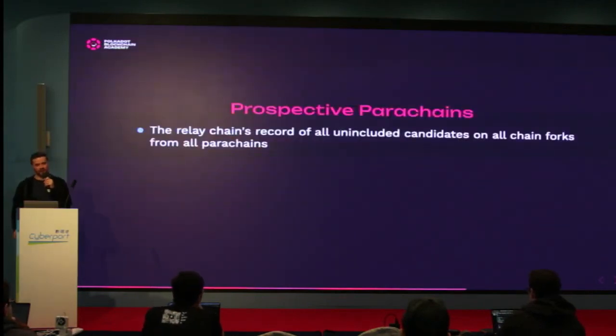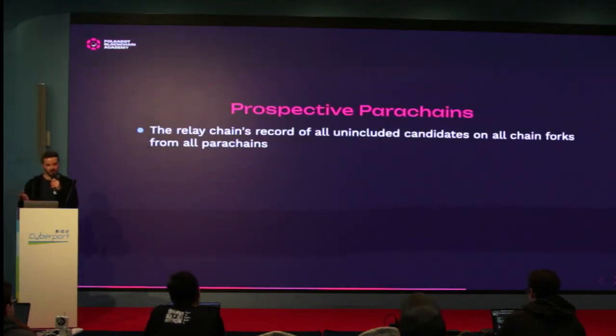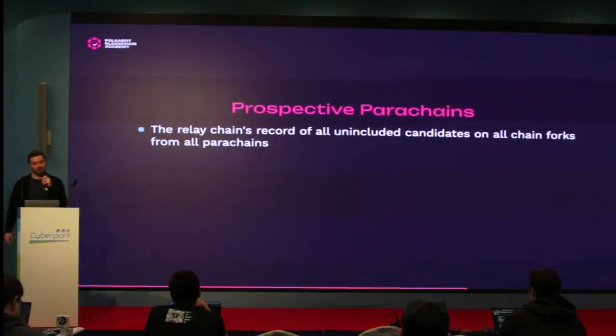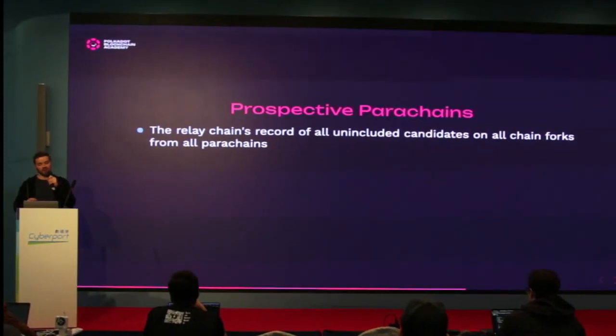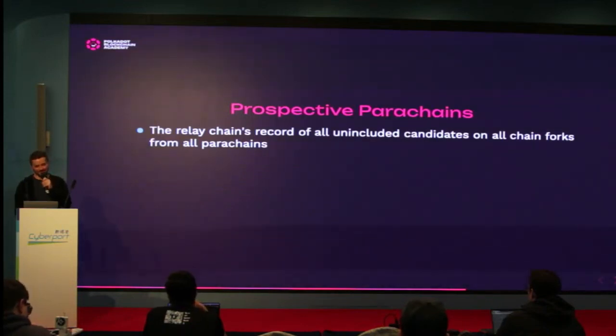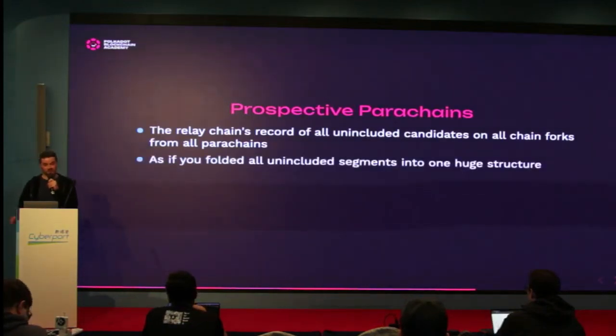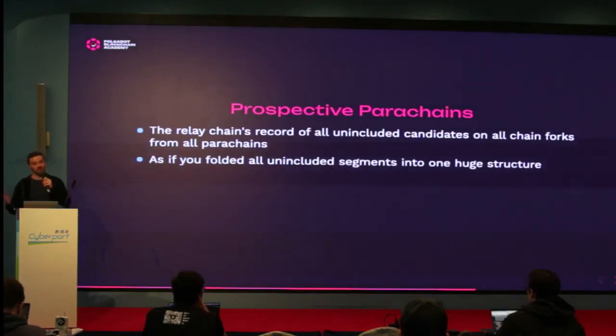All right, so there is another big data structure involved here that I should also cover. This is called prospective parachains. It is a relay chain's record of all unincluded candidates on all chain forks from all parachains. So as you can imagine, that ends up being a pretty contorted data structure. So it's as if you folded all the unincluded segments into one giant structure.